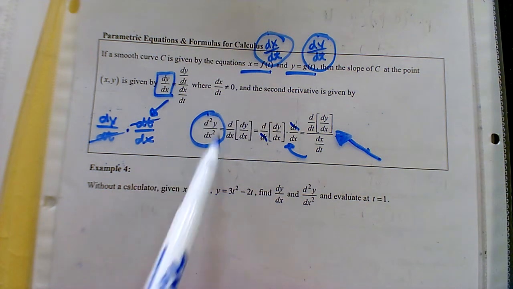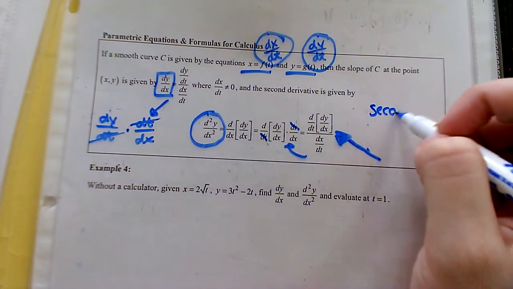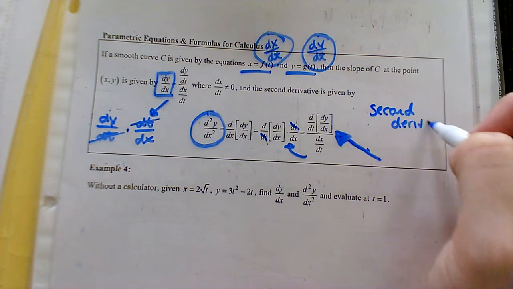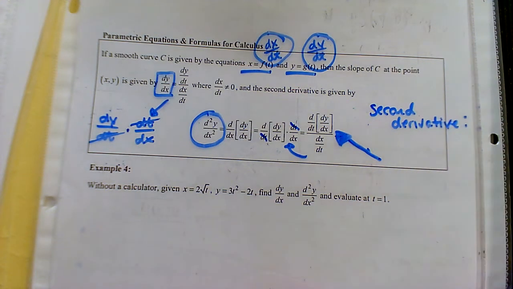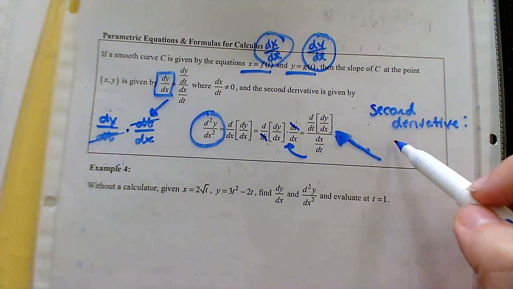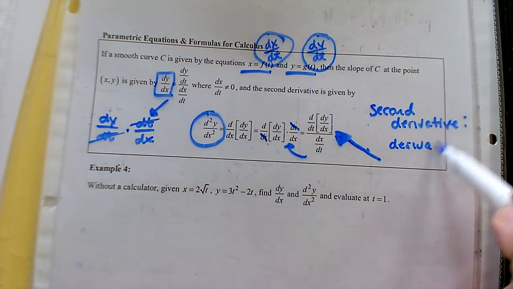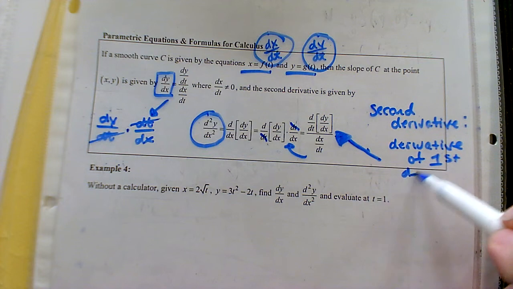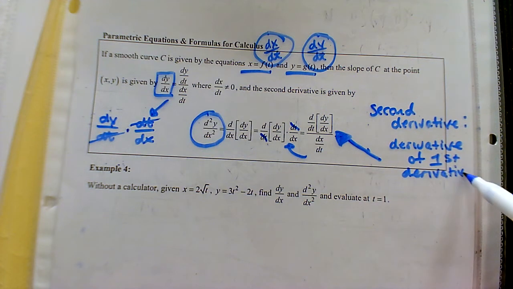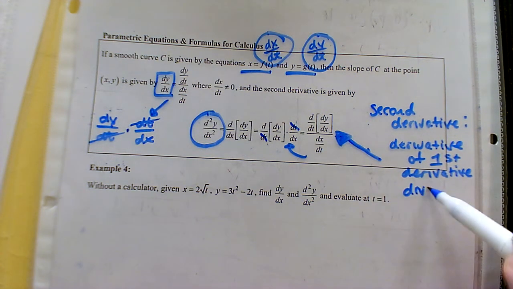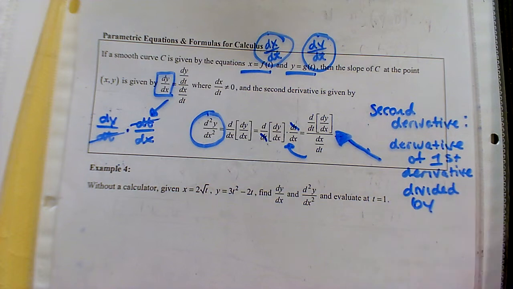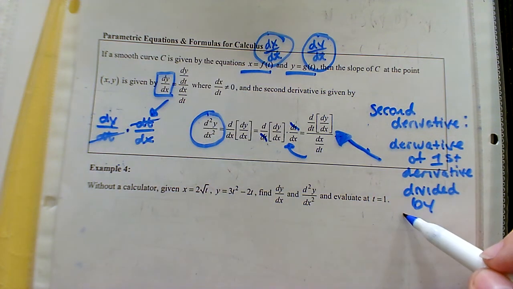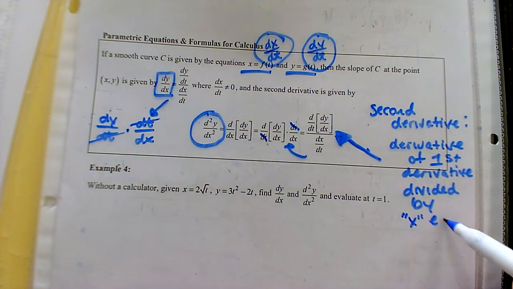So to figure out the second derivative for parametrics, we need to take the derivative of the first derivative divided by the x equation derivative.